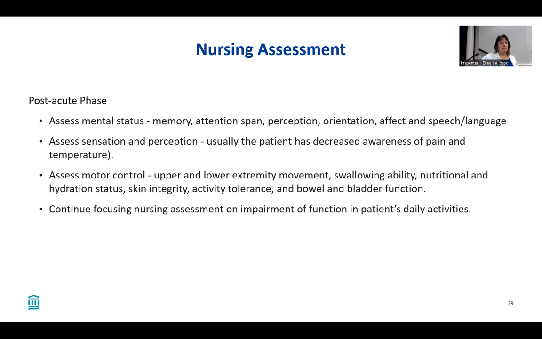Post-acute phase, that's after that first 1 to 3 days. So you're going to continue on with your monitoring, but you're going to notice that unless they have a really huge stroke, they kind of plateau on their exam, and you're not going to see any wide fluctuations anymore like you did within the first 3 days. By now, we want to start bringing that blood pressure back down to a more normal level.